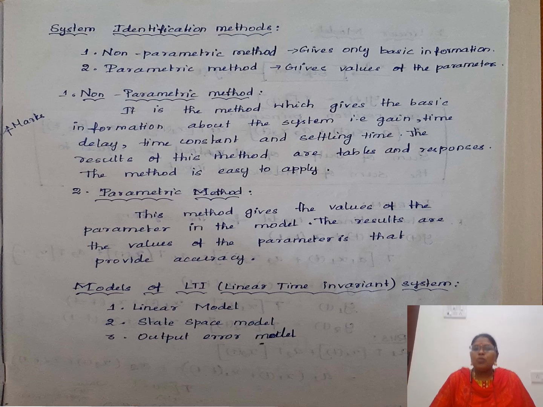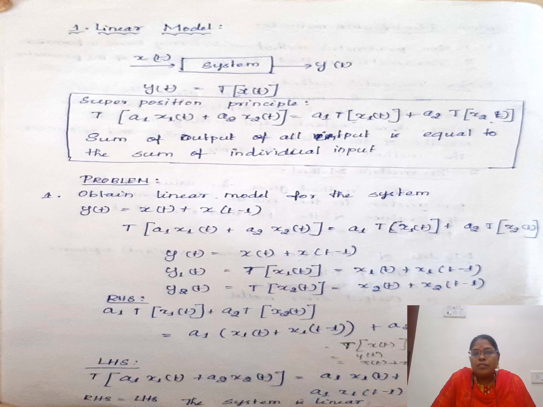So next comes the model of linear time invariant system. There are three different models. One is the linear model, the next one is the state space model, and the next one is the output error model. For the linear model, we have to apply the linear theorem, which is nothing but applying the superposition principle.